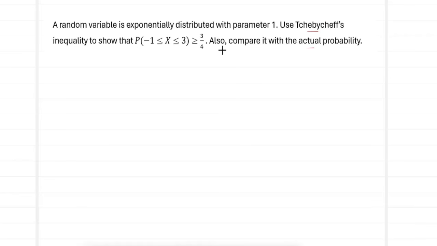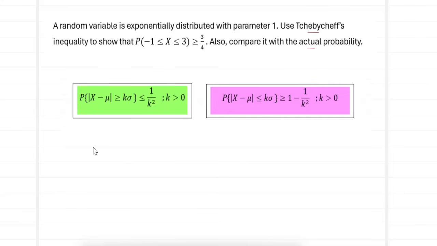We have two formats of Chebyshev's inequality. We will have to see which one is going to be more appropriate for the given problem. So what are the two formats? The two formats are probability of modulus x minus mu greater than or equal to k sigma, and the other one is probability of modulus x minus mu less than or equal to k sigma. What we have in the problem is a probability of less than or equal to a quantity.